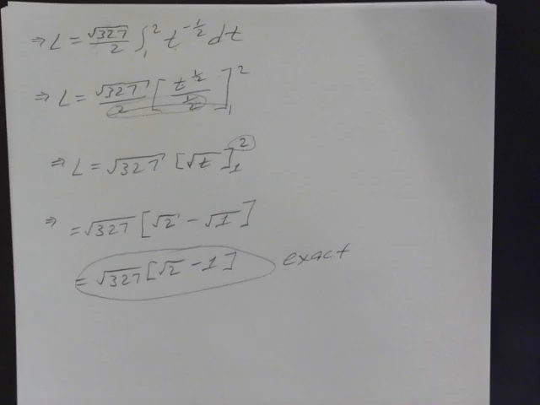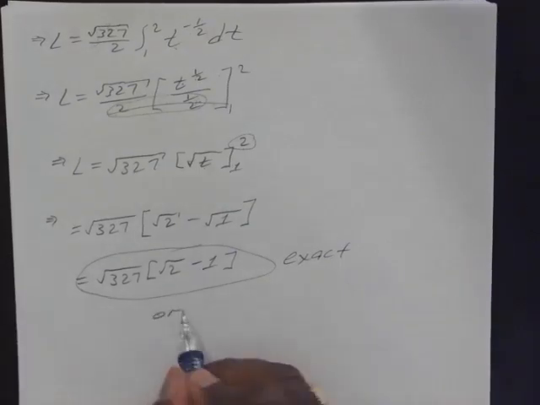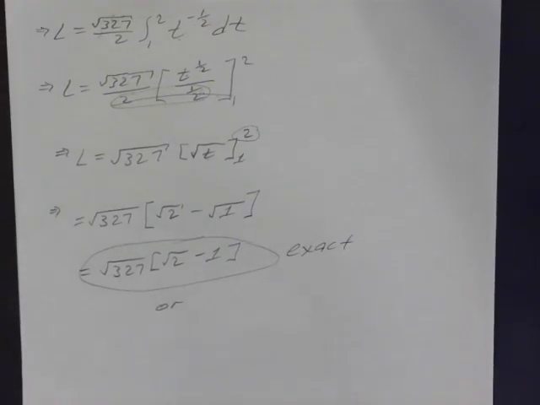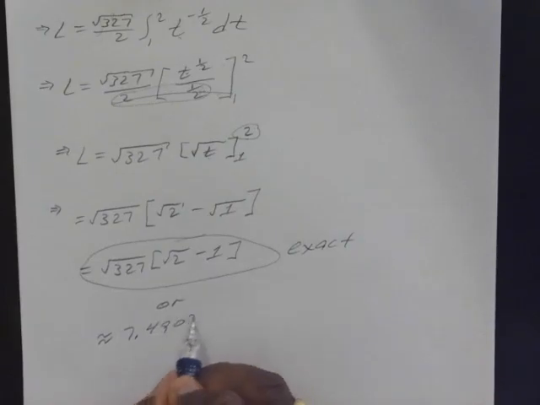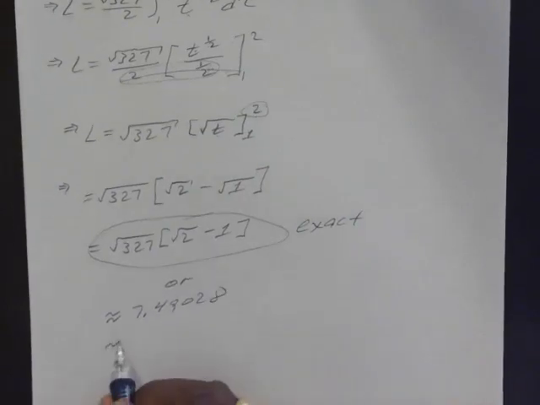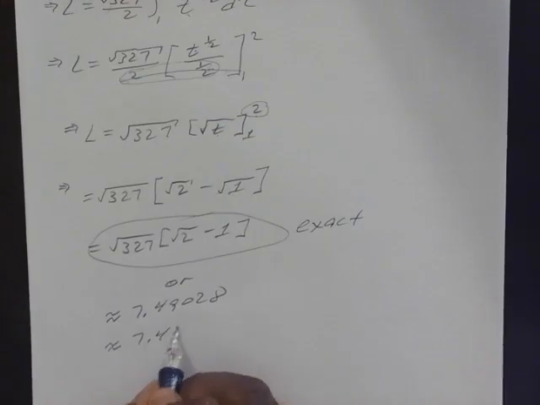Now, they wanted a decimal approximation. Of course, just plug that into your calculator, and you get 7.49028, or 7.49, rounded to 2 decimal places.